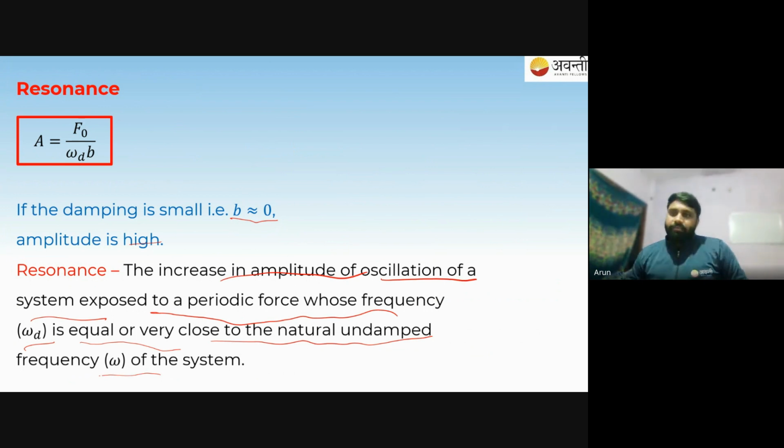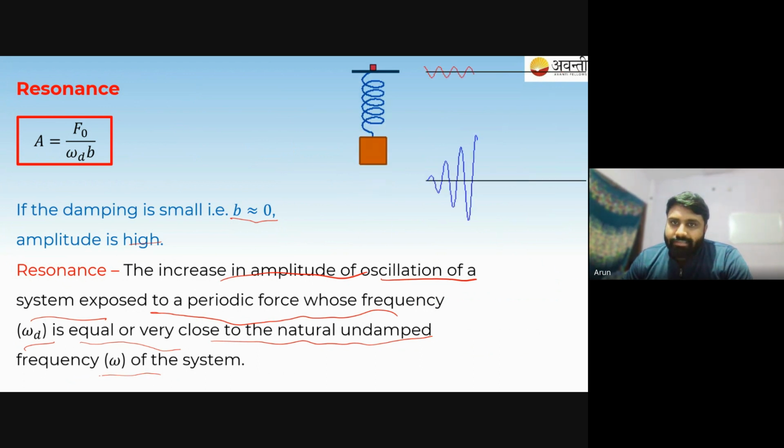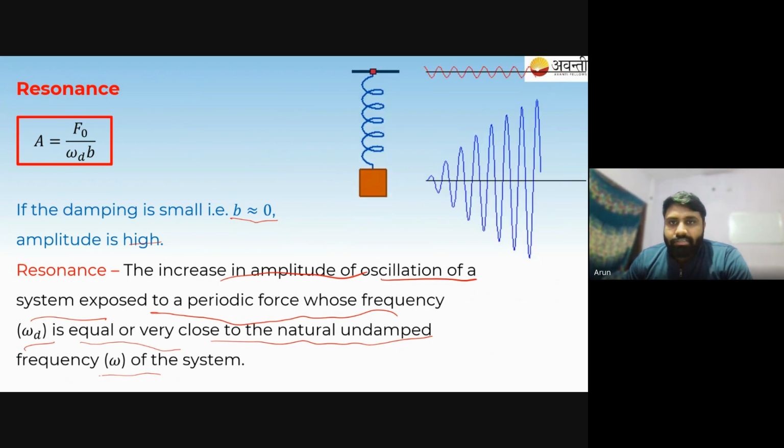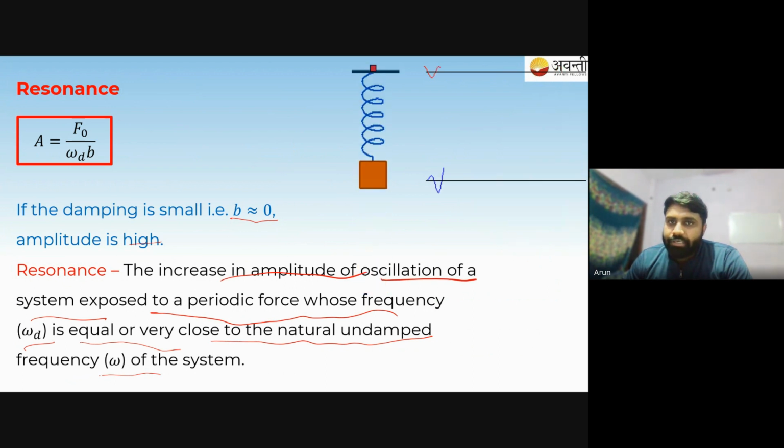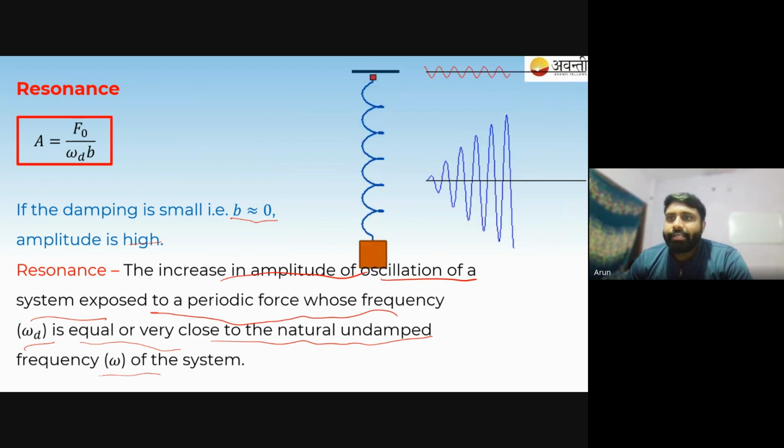So when the frequency of the externally applied force matches the natural frequency of the system, the amplitude rises very high, and that phenomenon is termed resonance. Like this, if resonance is happening, you will see the amplitude rising very high.